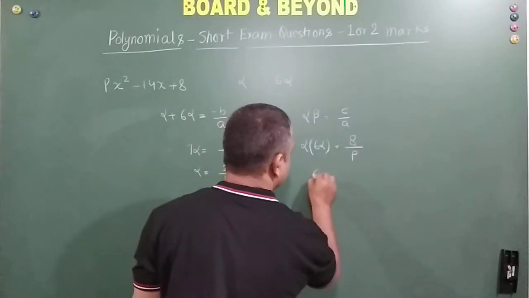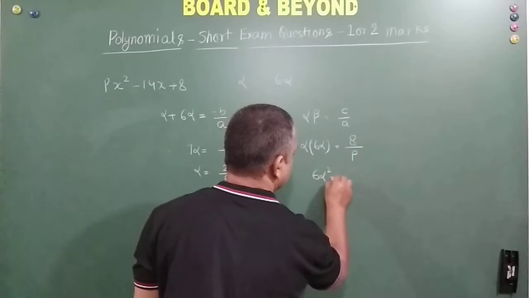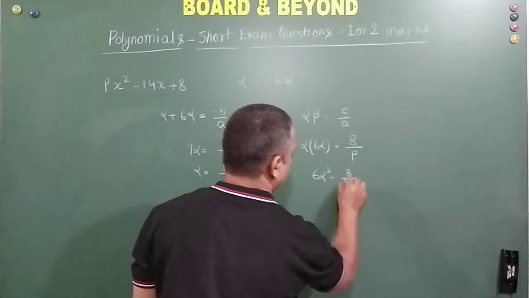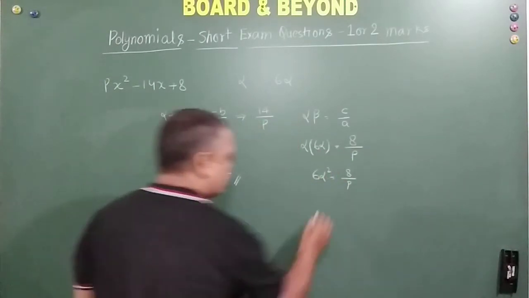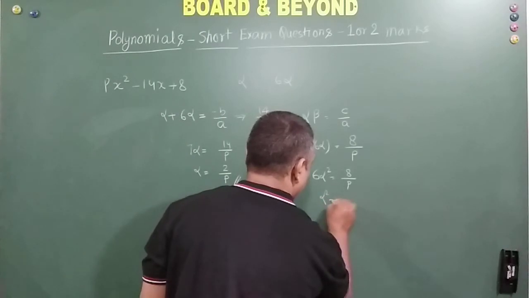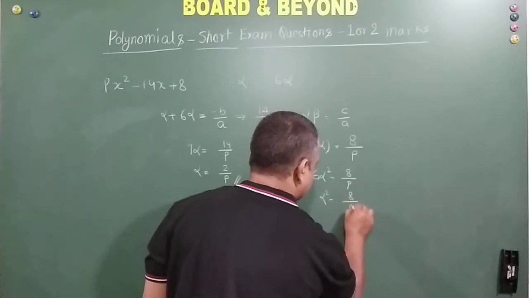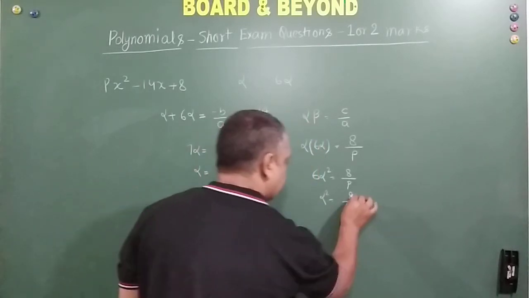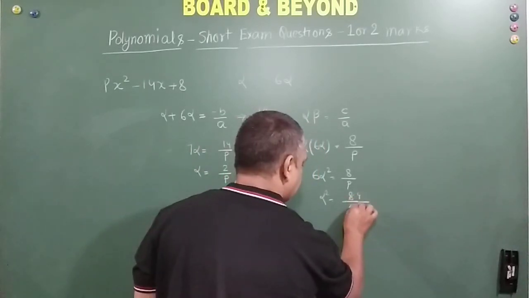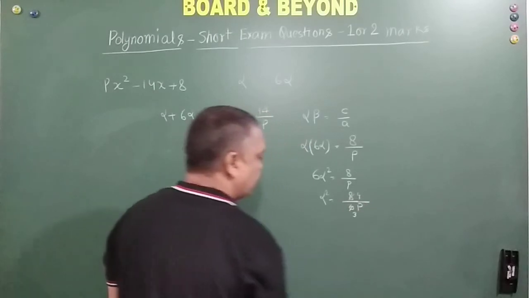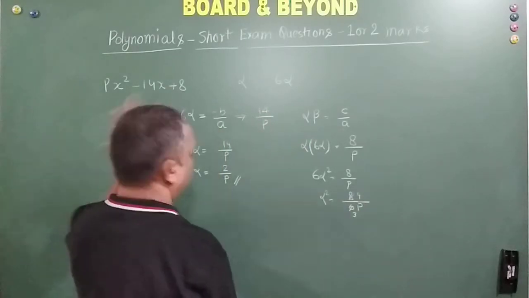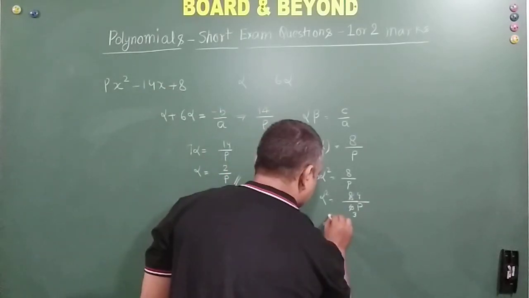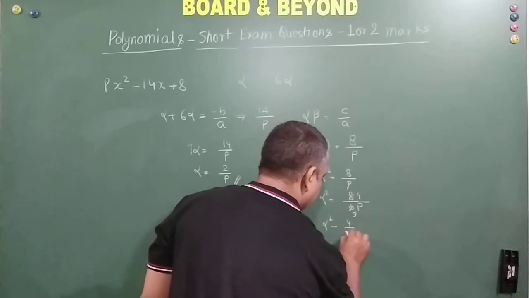So we can say 6 alpha square is equal to 8 by p, right? I have multiplied. So alpha square is equal to 8 by 6p, right, friends? So this is nothing but 4, this is nothing but 3. So alpha square is equal to 4 by 3p.